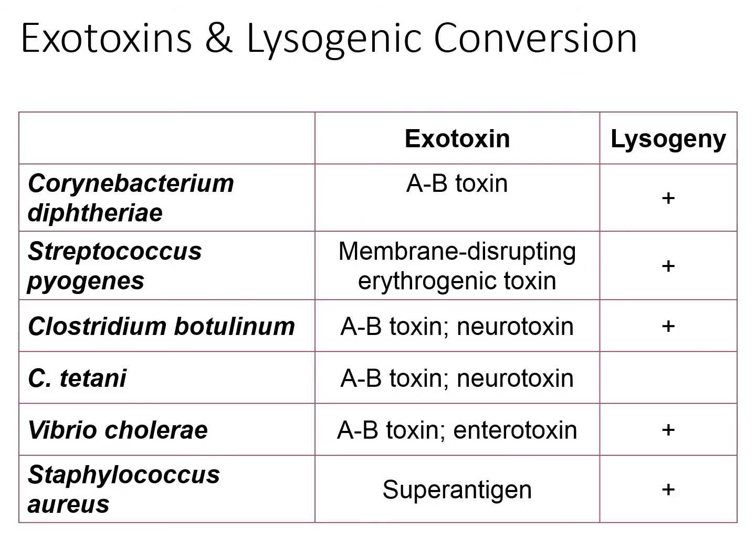This slide is here to remind you that some exotoxins are actually transmitted from one bacterium to another via viruses, so via transduction. In this slide, you can see several bacteria on the left. The toxin that they produce is in the middle column, and then lysogeny is on the right.